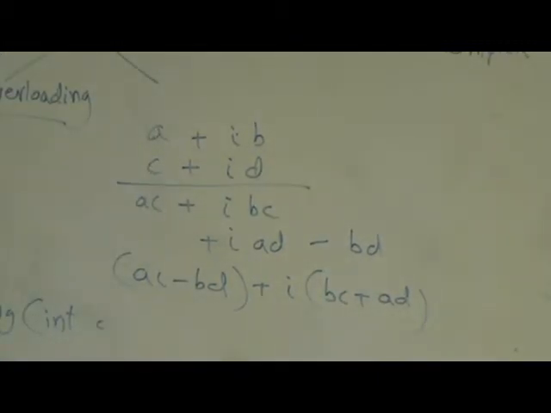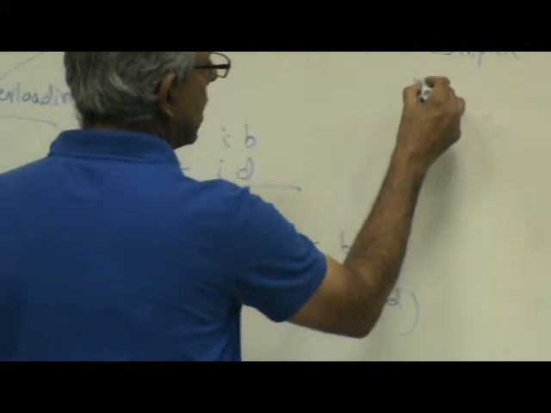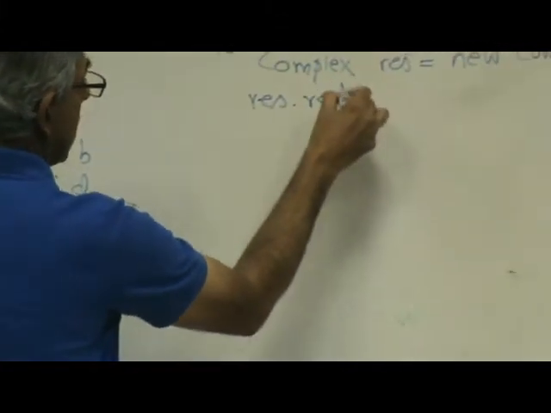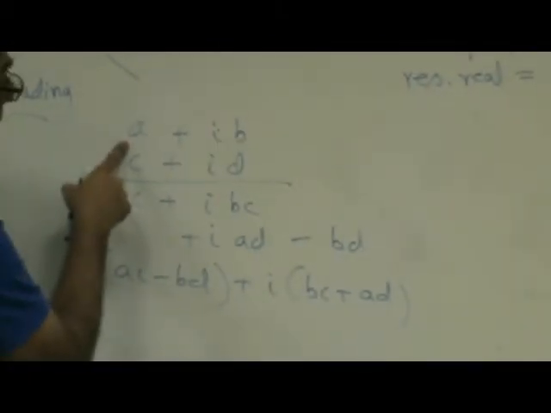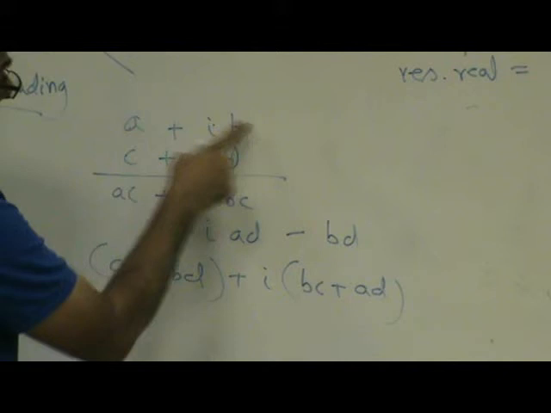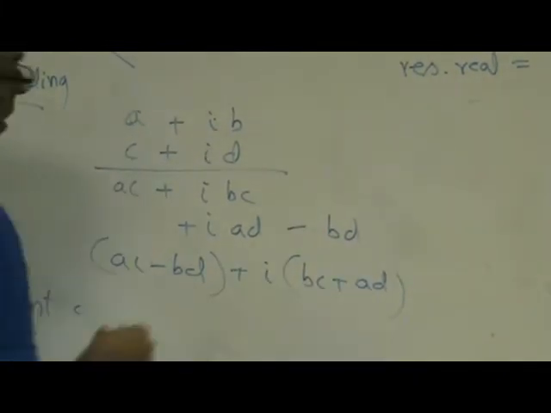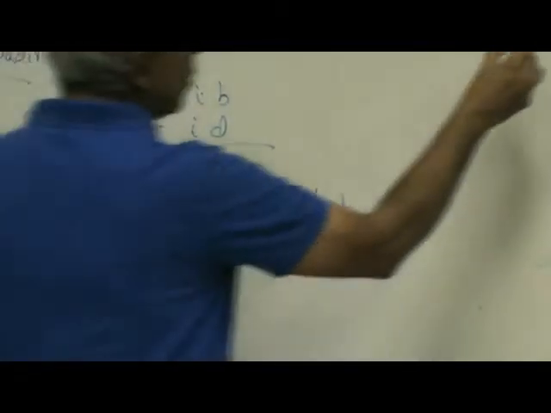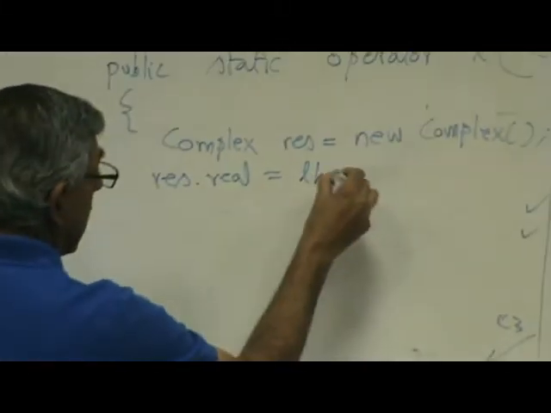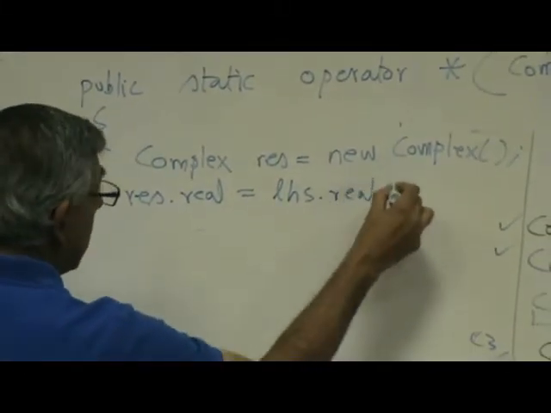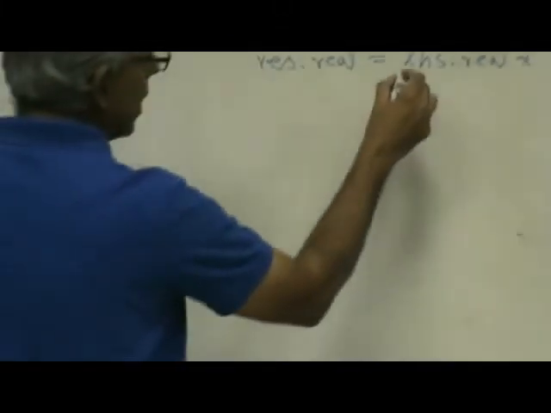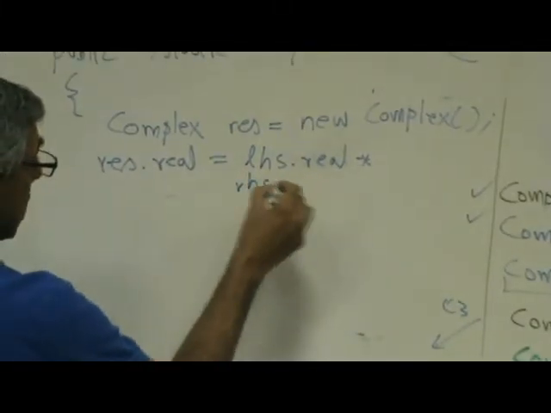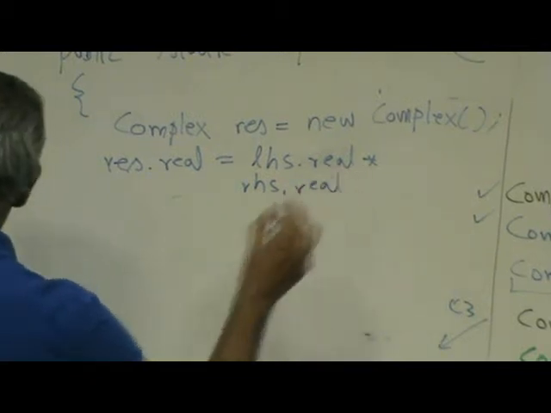Okay. So anyway, now we can say result dot real will be, so think of A and B as our left hand side, C and D as our right hand side. So AC will be left hand side dot real multiplied by right hand side dot real.